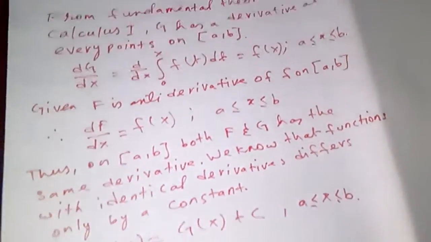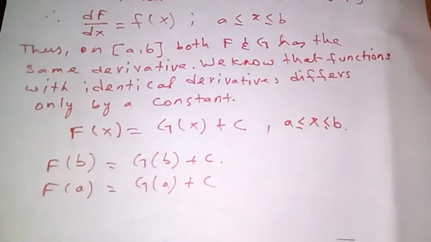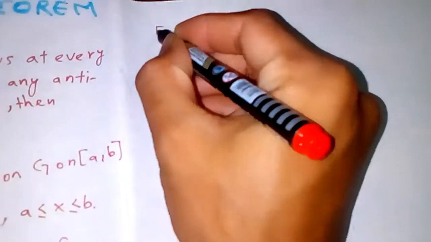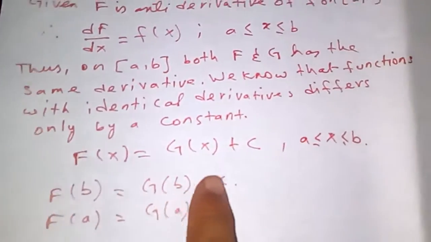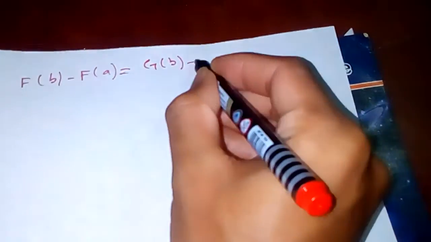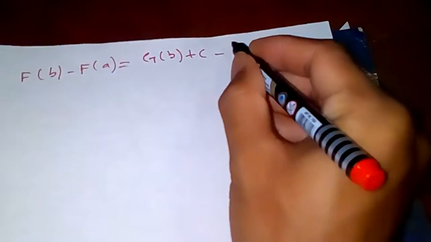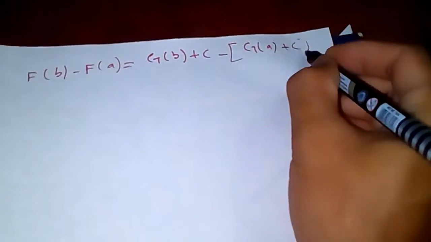Now we are going to subtract: F of b minus F of a is g of b plus c minus g of a plus c.